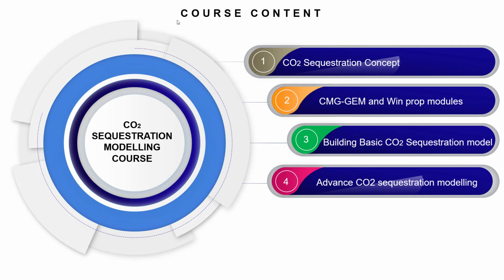This course will be divided into 4 main sessions. First, I will introduce the basic concept of carbon dioxide sequestration. Then I will show how to use the SimGEM and WinProp modules to achieve the modeling goals set for trapping mechanisms inside the saline aquifer. In the third session, I will go through building a basic CO2 sequestration model.